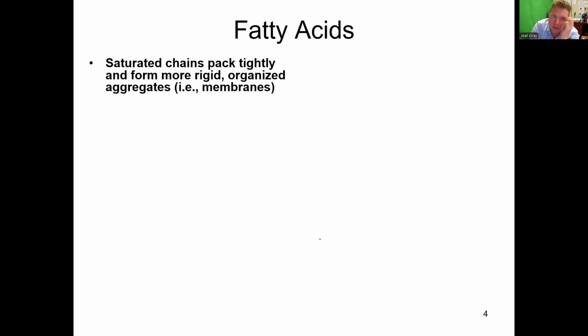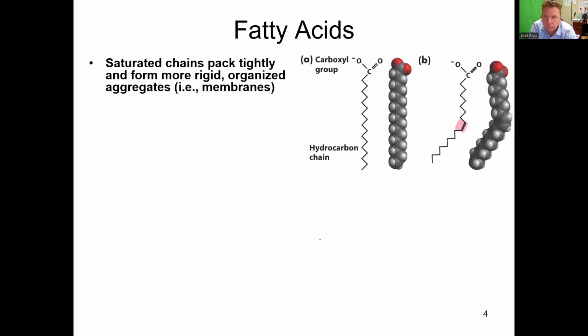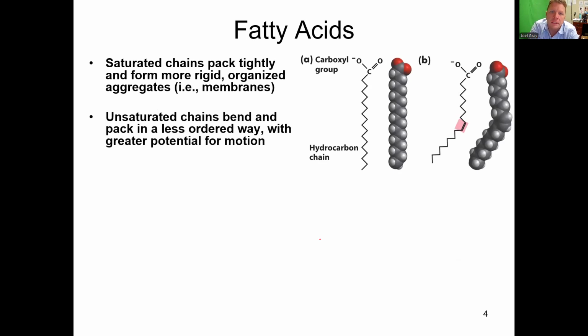These fatty acids, your saturated fatty acids, are going to pack very tightly and form pretty rigid, organized aggregates. So here what we have is a nice cartoon model of a saturated fatty acid and an unsaturated fatty acid. Unsaturated chains are going to bend, and they're going to pack in a less ordered way, and they're going to give a little bit more motion.